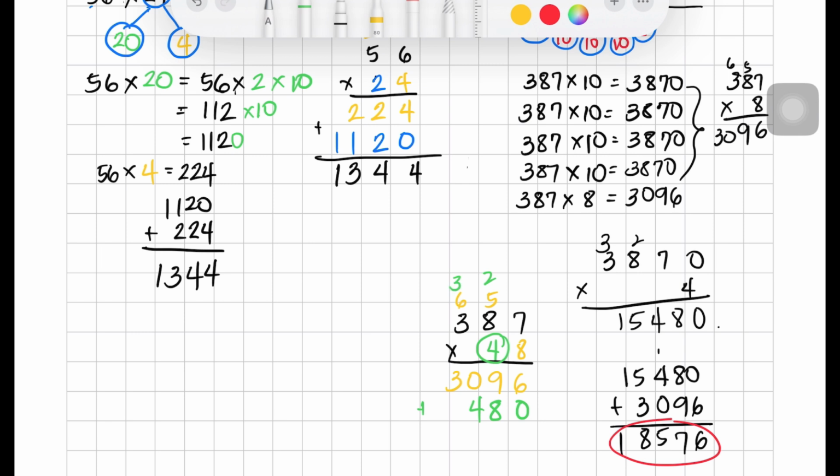Regroup 3. 3 times 4 is 12 plus 3 is 15. So adding them together. So 6, 17, regroup 1, that's 5, and 8. Okay, so as you can see, we got the same answer. Alright, so that's basically it.